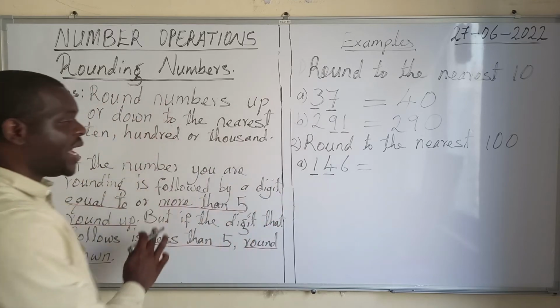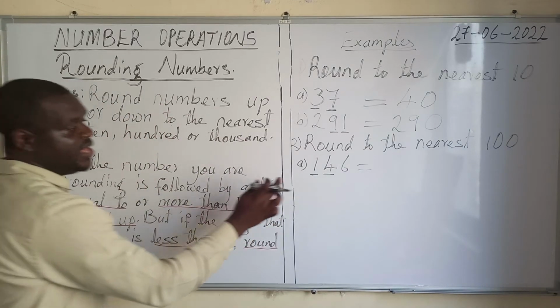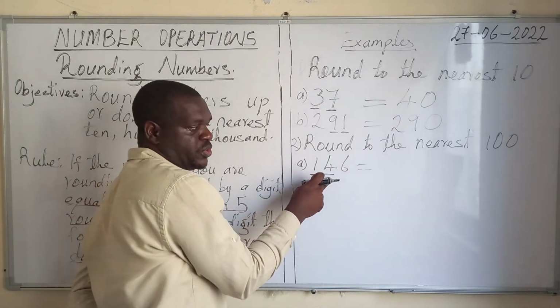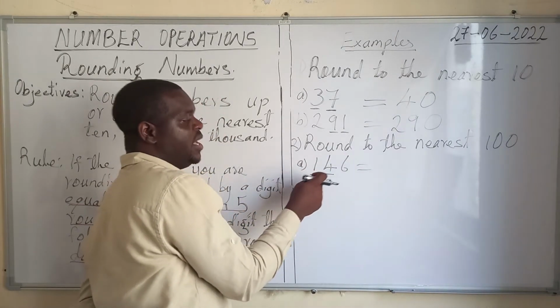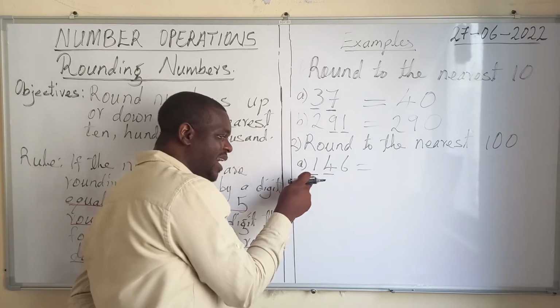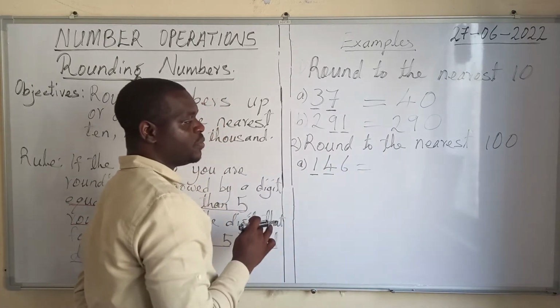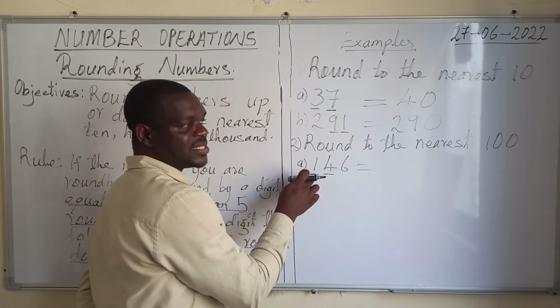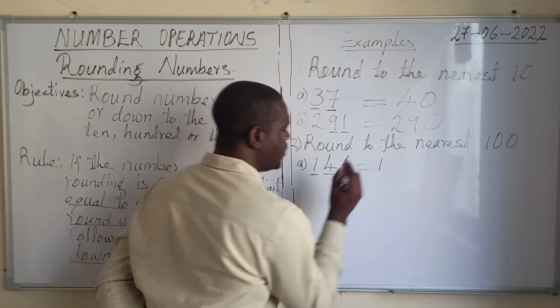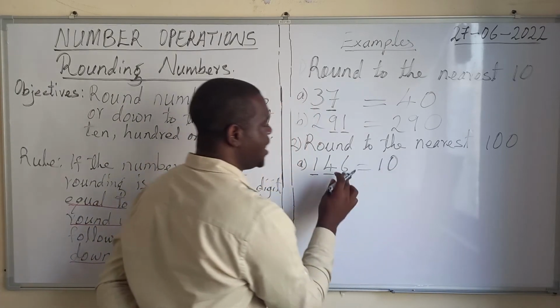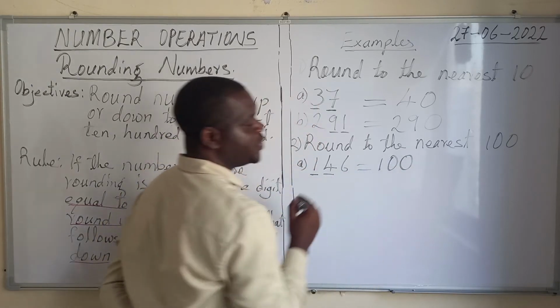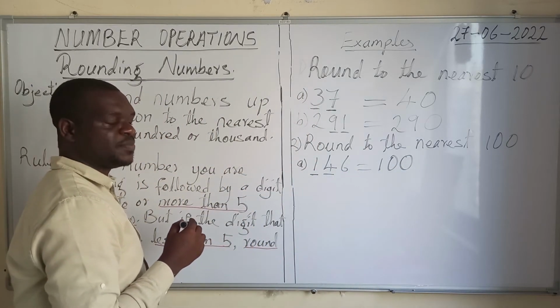The rule applies, it's still the same. If the number that follows is 5 or more, we add 1 here. That is rounding up. If it's less than 5, we do not add anything here and we suppress. 1, nothing is added to 1, it remains 1. 4 is less than 5, so we suppress. And 6 also, we suppress, so it becomes 100.